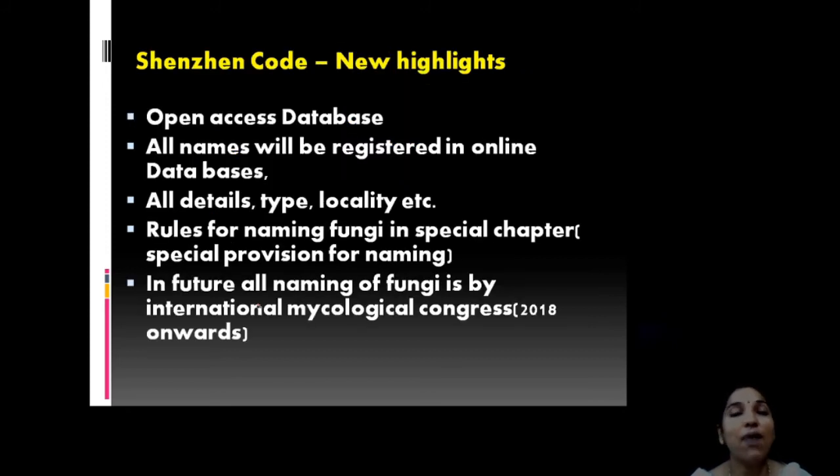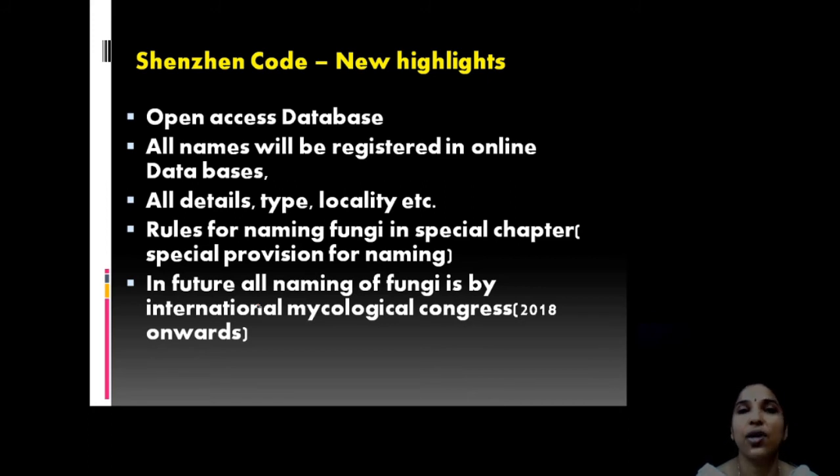Then, what are the new highlights in Shenzhen code? You have to write a brief account on Shenzhen code. It is an open access database available online. All names are registered in online databases. So, when you check Mangifera indica, you can see the correct name, the older names, everything available.